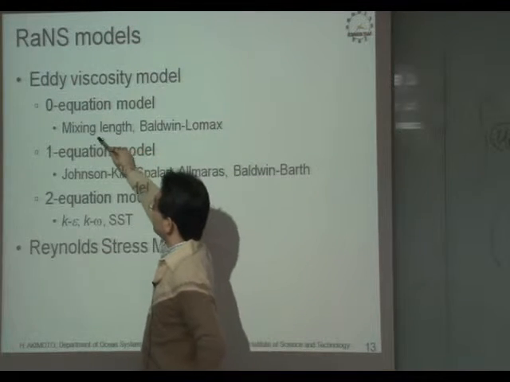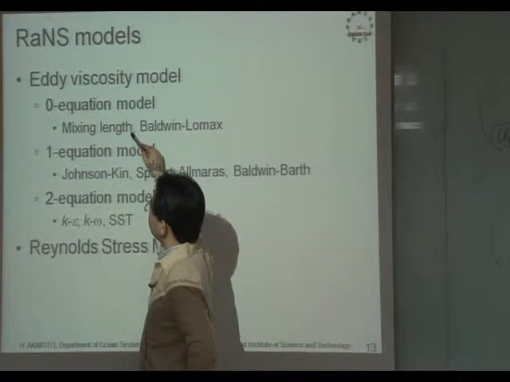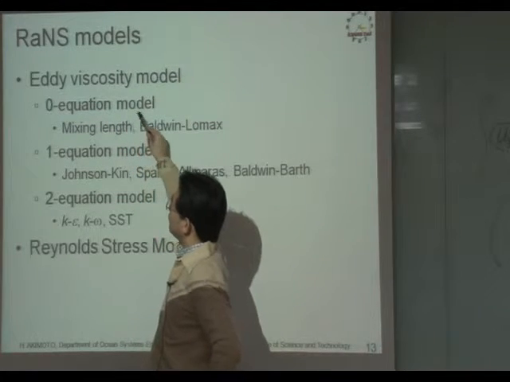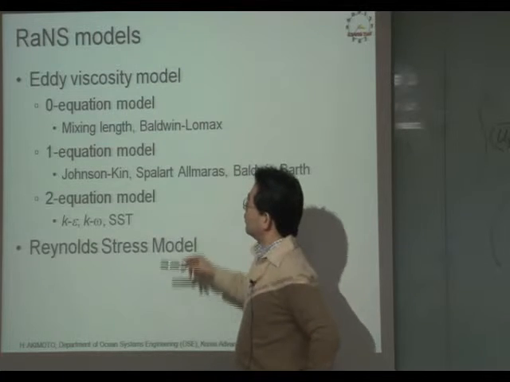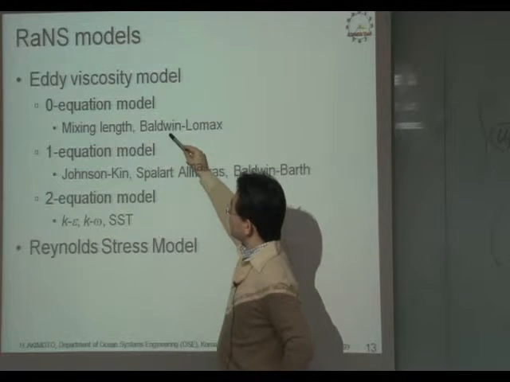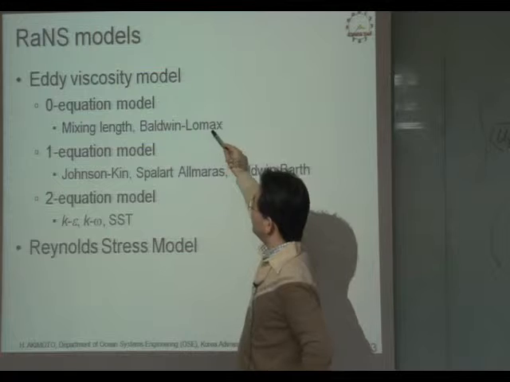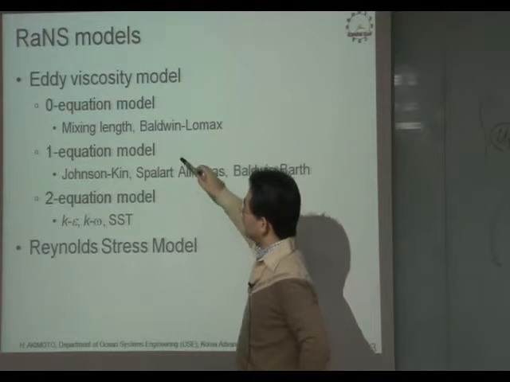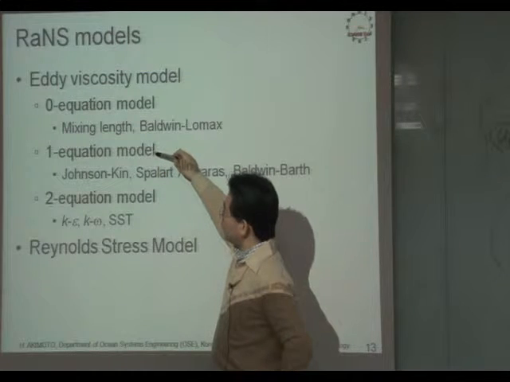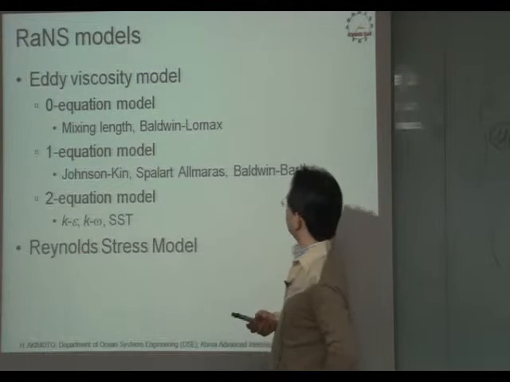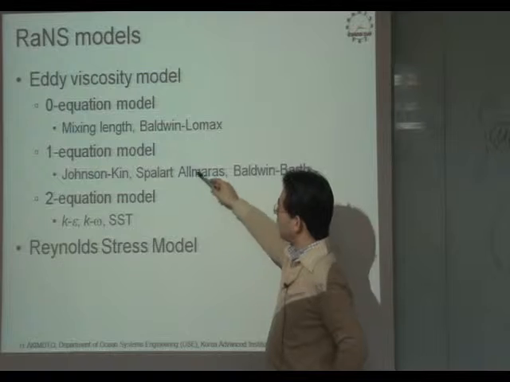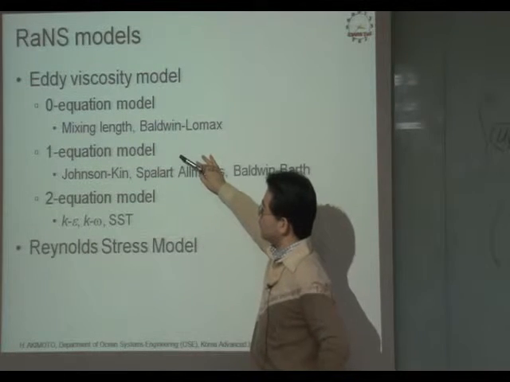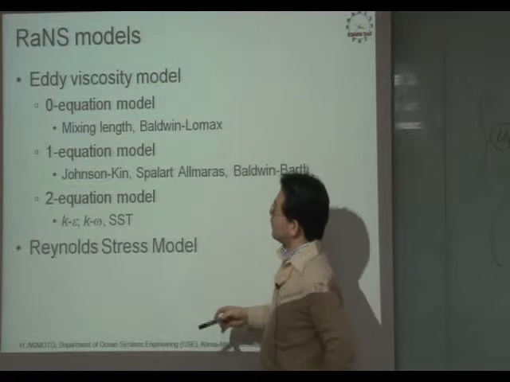The mixing length model is the simplest one. It does not require any additional transport equation. And the famous zero equation model is Baldwin-Lomax. I will introduce this one in the next class. And there is also the one equation model. Spalart-Allmaras model is famous, but I will omit this one.